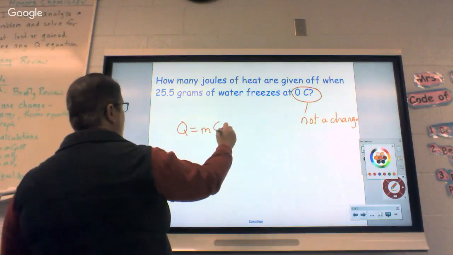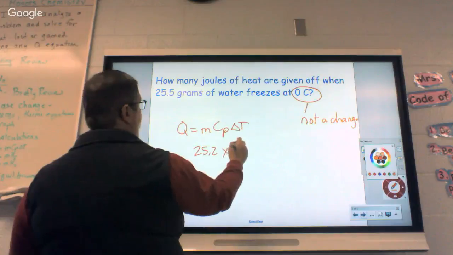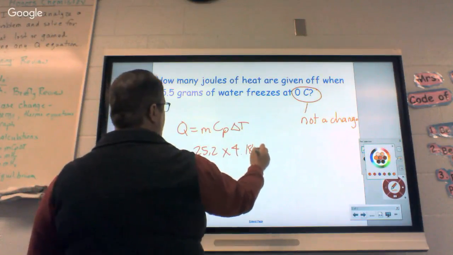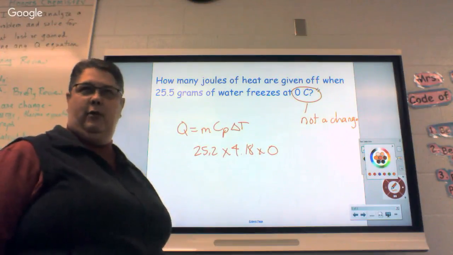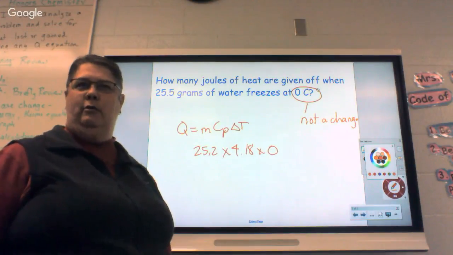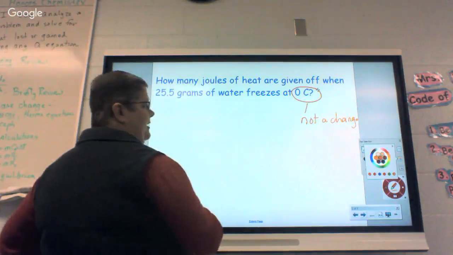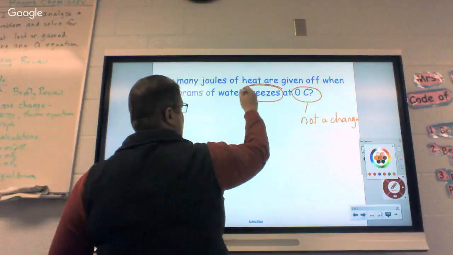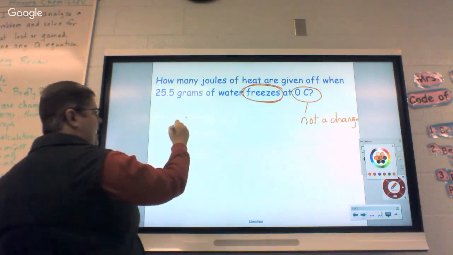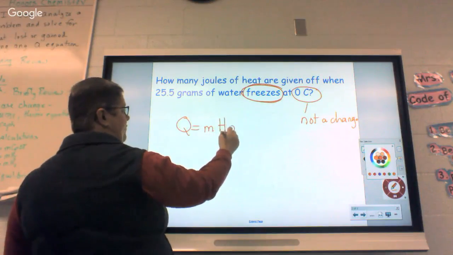Let's say you plugged in your 25.2, your 4.18, and then you put in your 0. What's going to happen when you multiply that? You're going to get 0. Is the answer going to be 0? No. So that's not a temperature change. So what's the key word right here? It freezes. So that tells you it's Q equals m Hf.